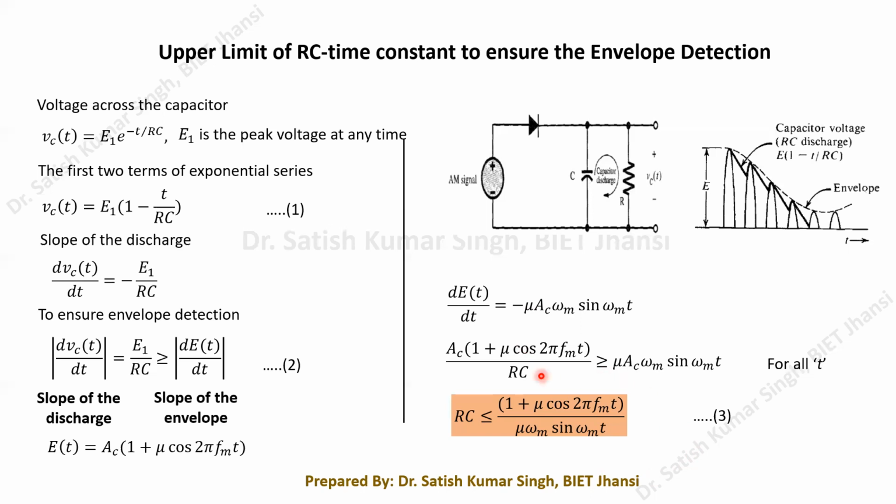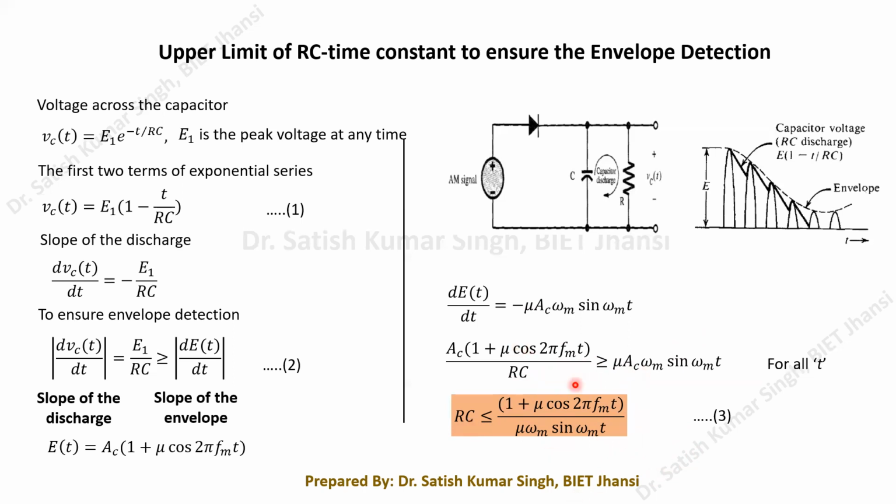Because it is a time dependent equation, its numerator and denominator both are time dependent terms. So whenever this time dependent term achieves its minimum value, that minimum value dictates the maximum possible value of the RC. So to calculate that, what do we have to calculate?